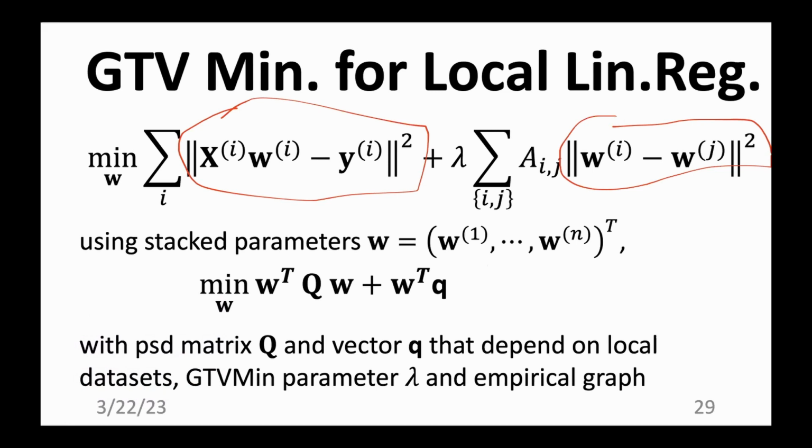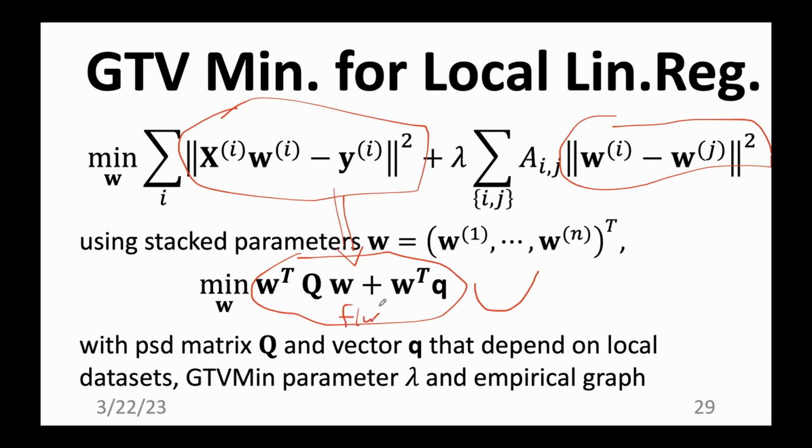It turns out you can write this optimization problem as a quadratic program. This here is equivalent to this optimization problem for a suitable choice of the matrix Q and the vector q. And it turns out that you can choose the matrix Q as positive semi-definite, which is nice because this tells us that this is a convex function, a convex function that is also differentiable.